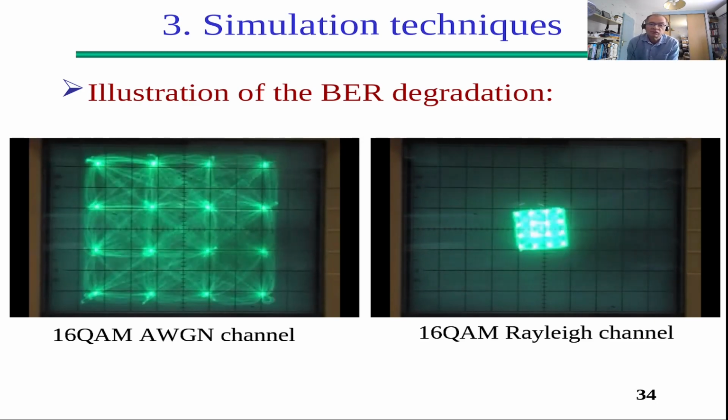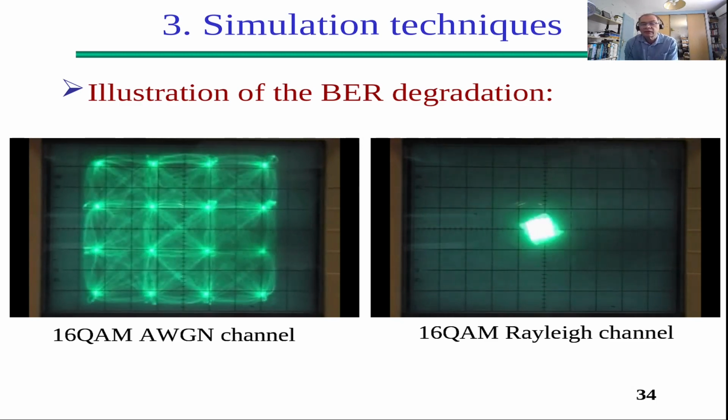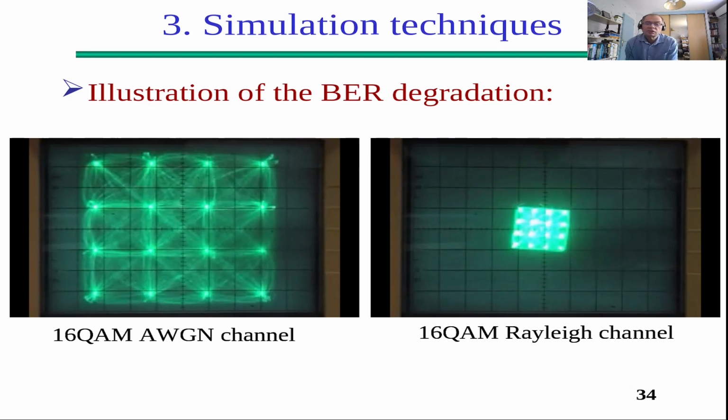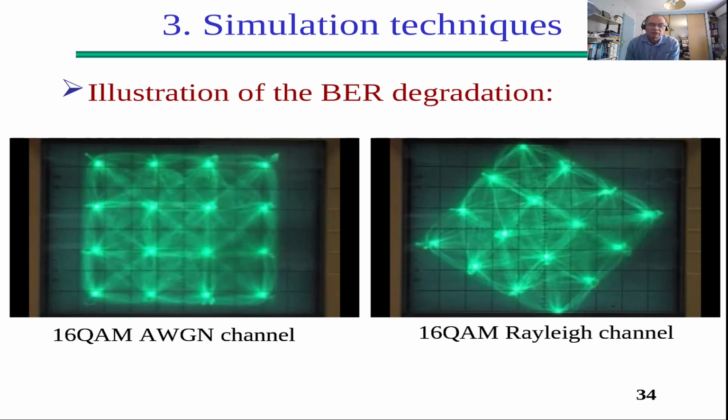As you can see, the constellation is dancing. You see the phase rotation induced by the channel, and also the variation in the amplitude. So that's going to be really tricky to decode.